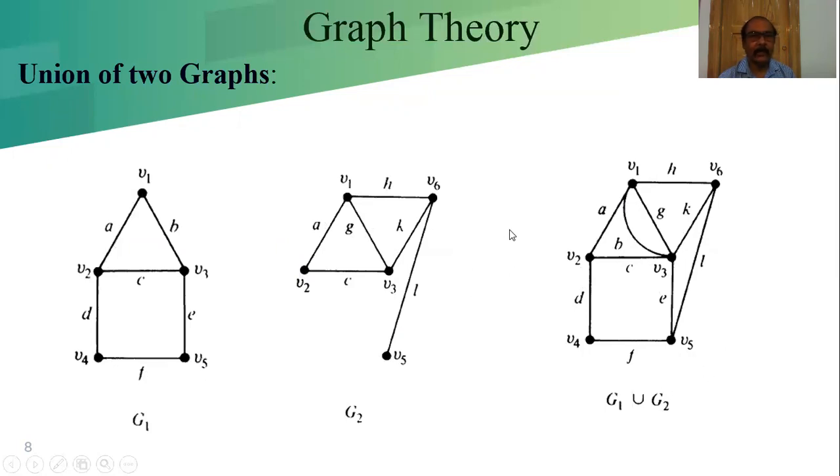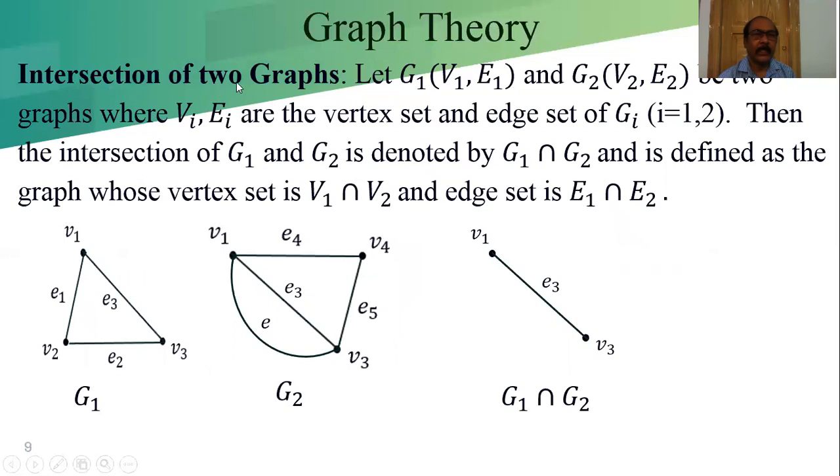Now we learn the intersection of two graphs. Let G1 = (V1, E1) and G2 = (V2, E2) be two graphs, where Vi and Ei are the vertex set and the edge set of Gi.